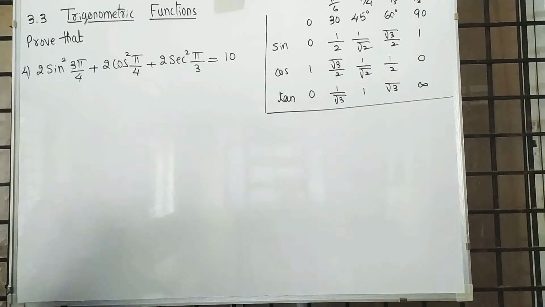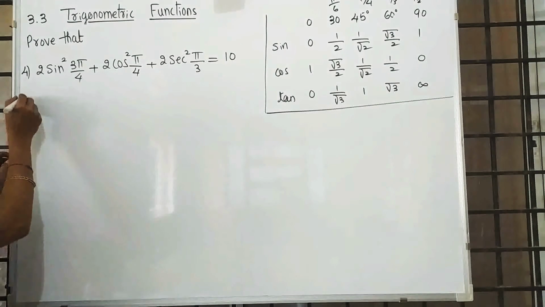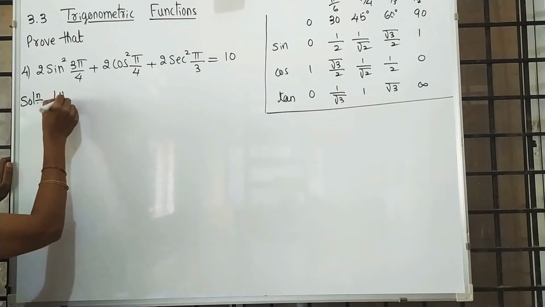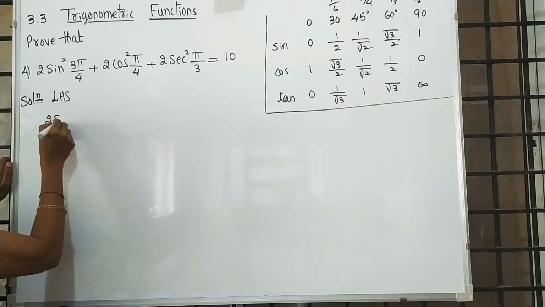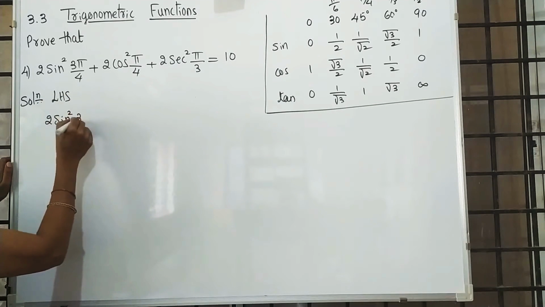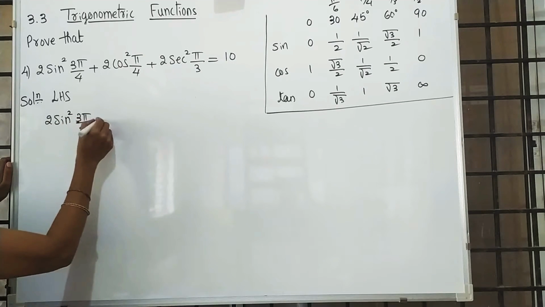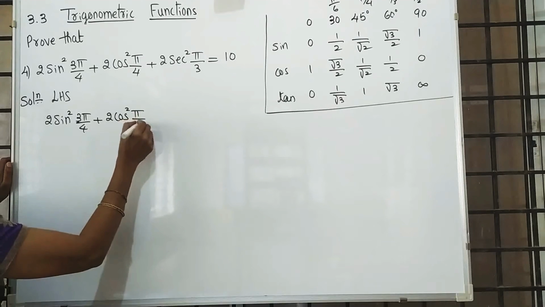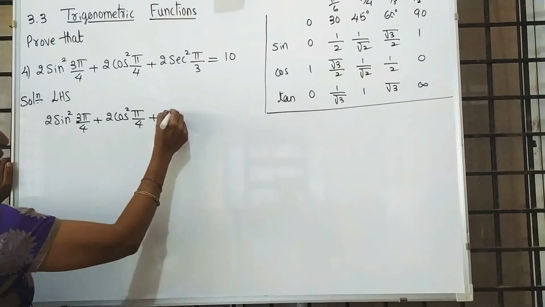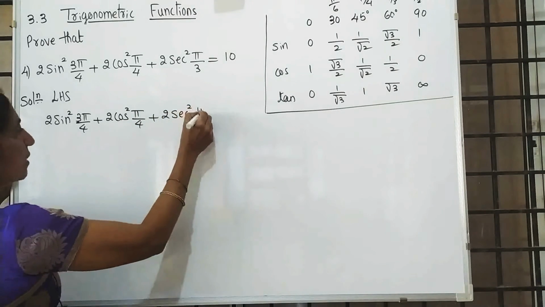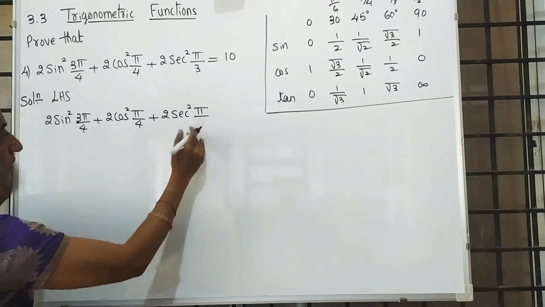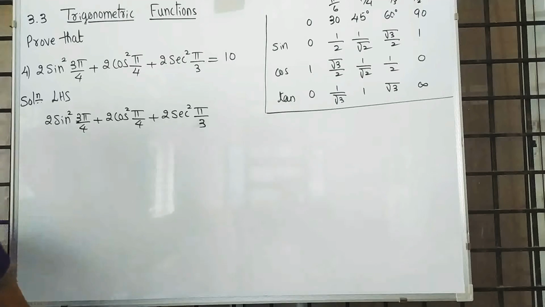So again write on the left side. Write down LHS: 2 into sine square 3 pi by 4 plus 2 into cos square pi by 4 plus 2 into secant square pi by 3. See, sometimes even I make some mistakes.